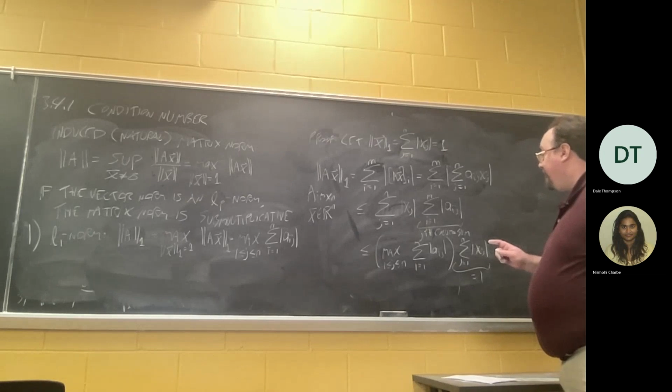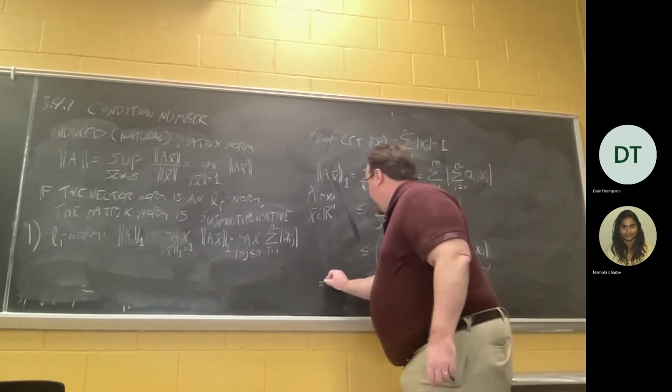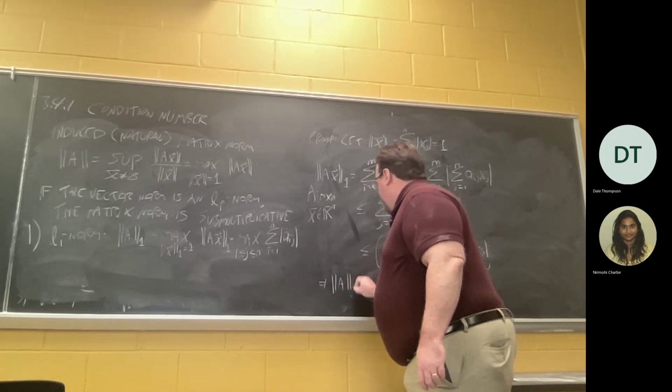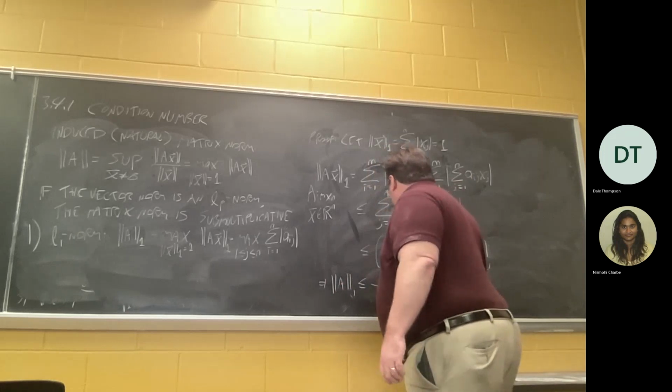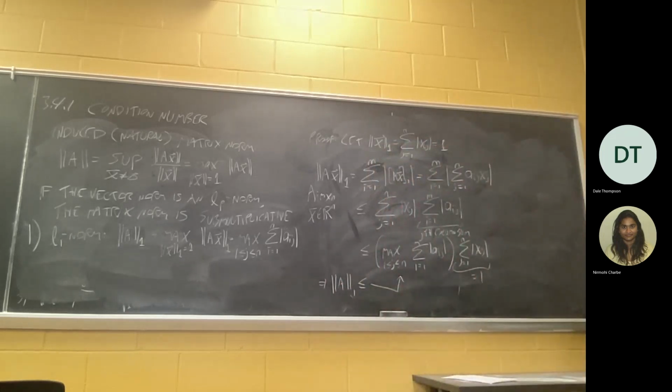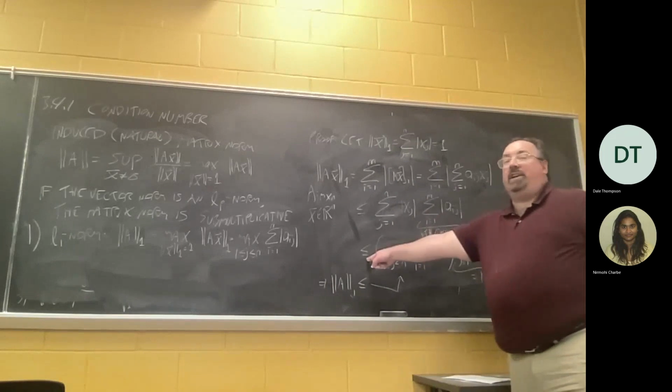Now, that only tells me that the one norm of A is less than or equal to that maximum column sum. I need to find a vector X that gives me equality here.